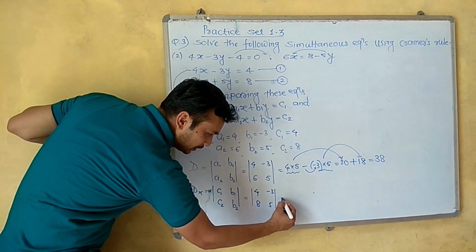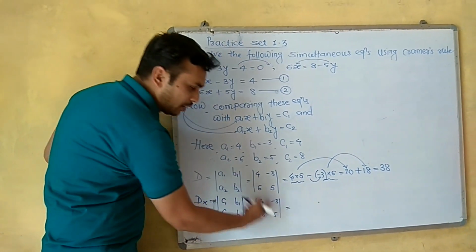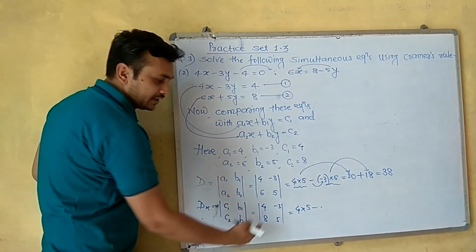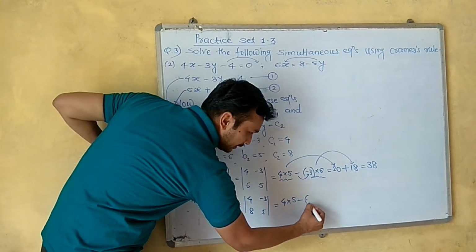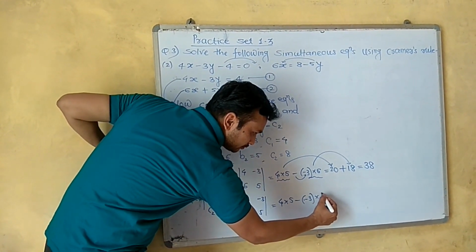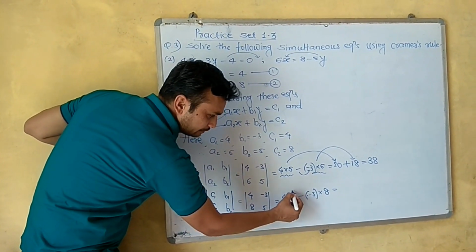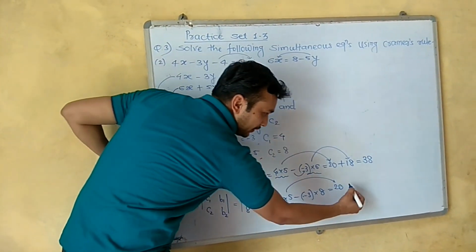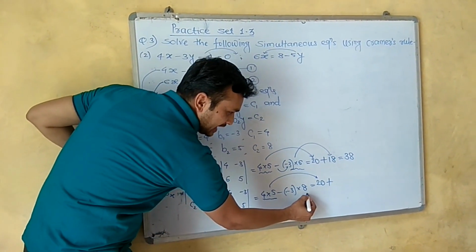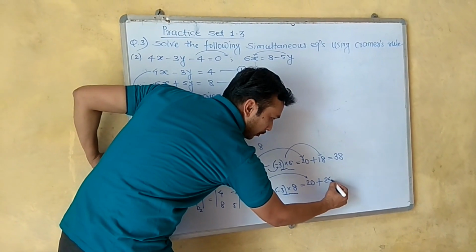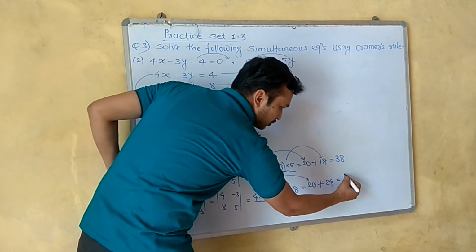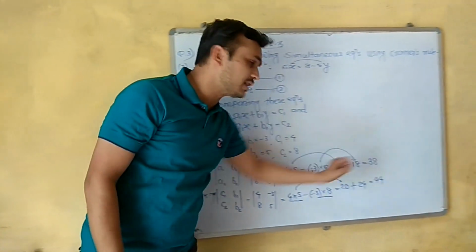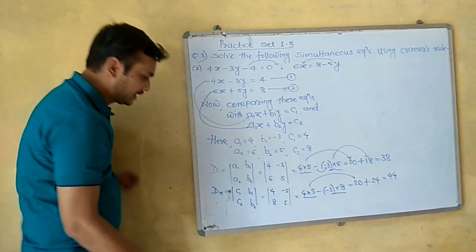Again by cross multiplication, 4 into 5 minus minus 3 into 8. 4 5s are 20. Minus into minus is plus. 3 8s are 24. 20 plus 24 is 44. So 44 is the value of Dx.